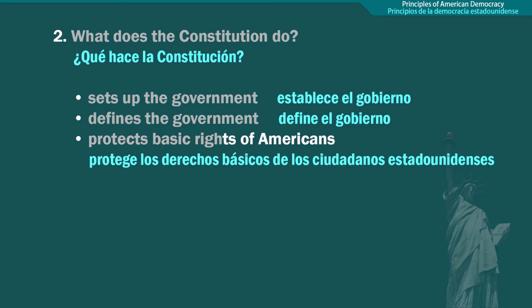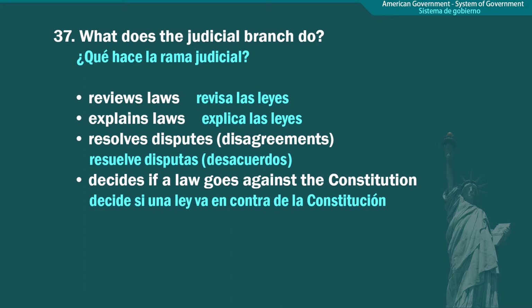Protects basic rights of Americans. What does the judicial branch do? Reviews laws. Explains laws. Resolves disputes, disagreements. Decides if a law goes against the Constitution.